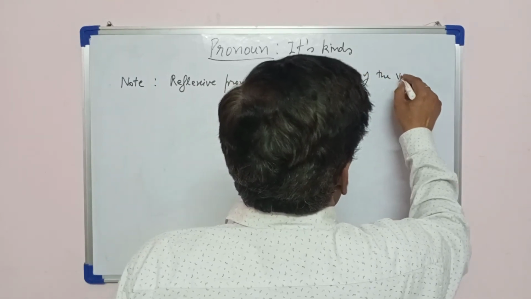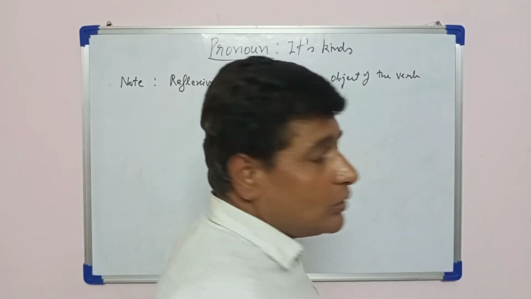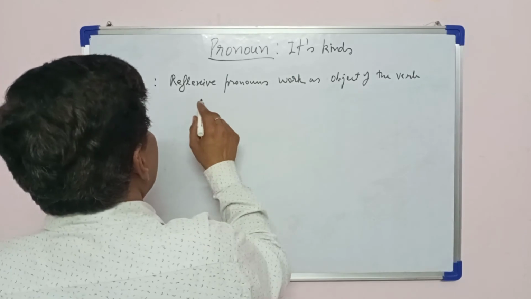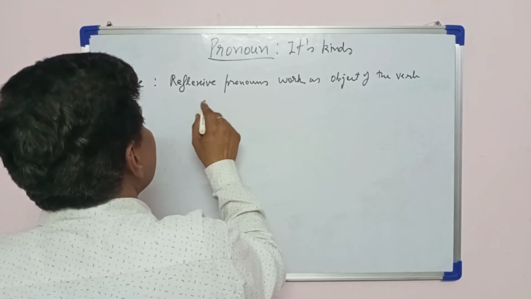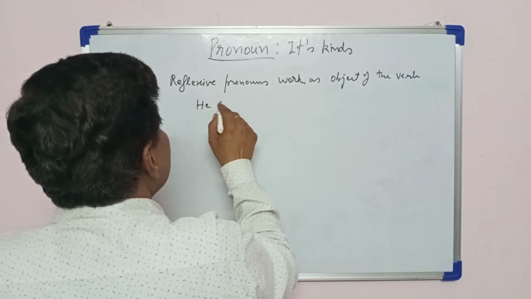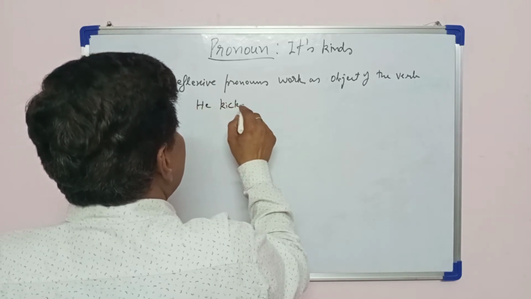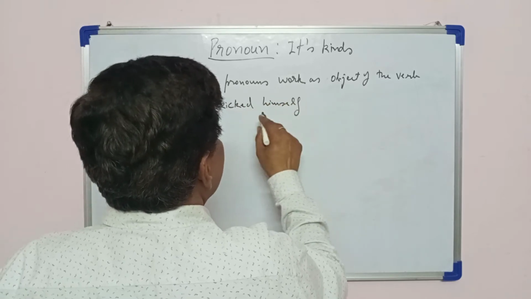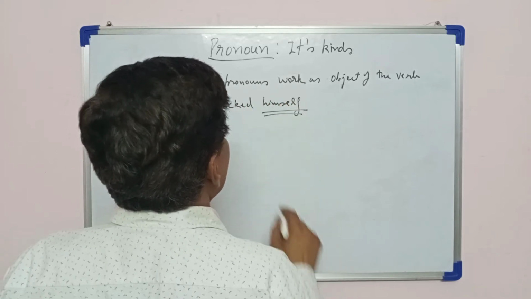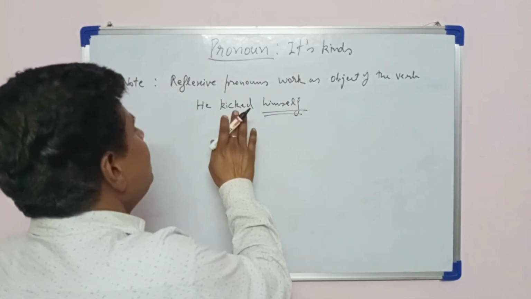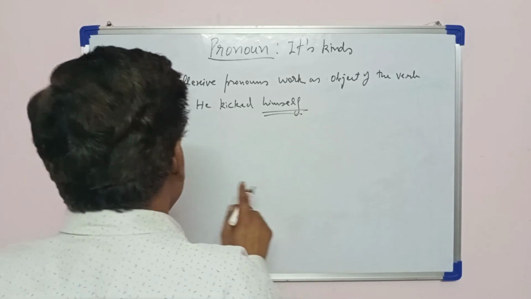This is the main characteristic. For example, he kicked himself. So here you know that it is the object of the verb.